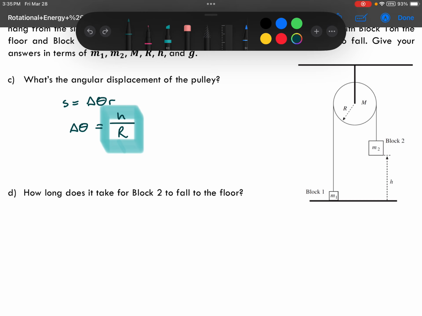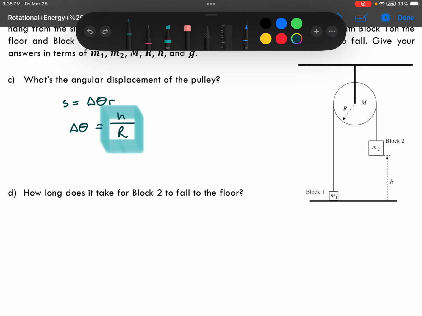So we won't be able to directly use one of our 3 kinematic equations for constant acceleration, but we have a workaround for that. We can use the definition of average velocity and relate that to find the time.